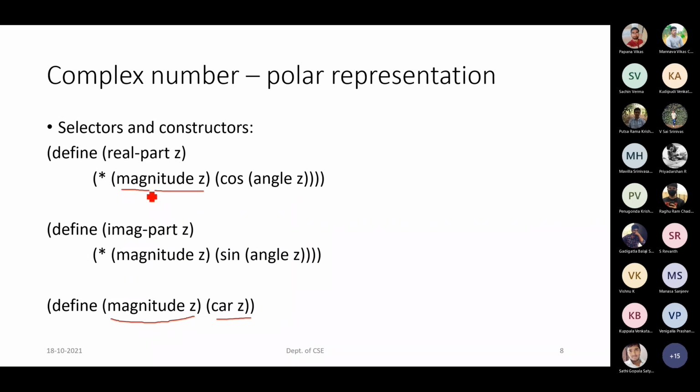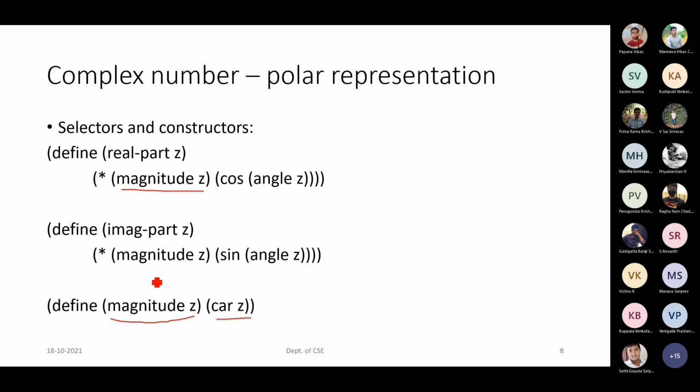So the multiplication of the magnitude, that is r cos theta, will give us the real part of that polar representation of the complex number. Similarly, if you want the imaginary part, we will be applying r multiplied by sine theta.